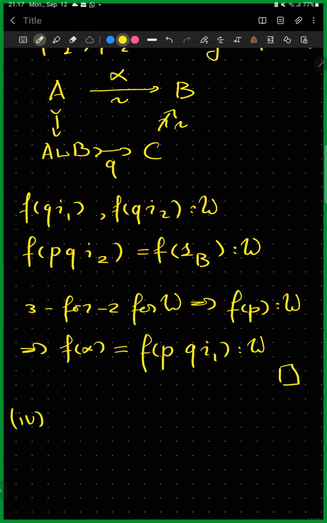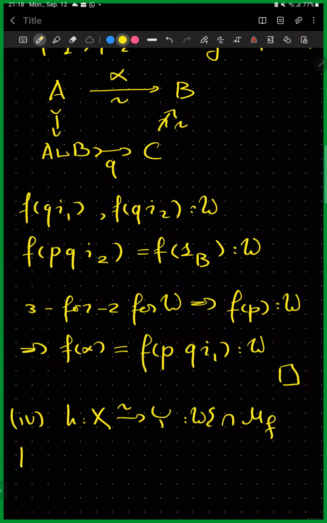So assume that we have a weak equivalence between fibrant objects in model category M. Then the fact that the induced map, sorry, maybe I should recall what we're trying to prove here.